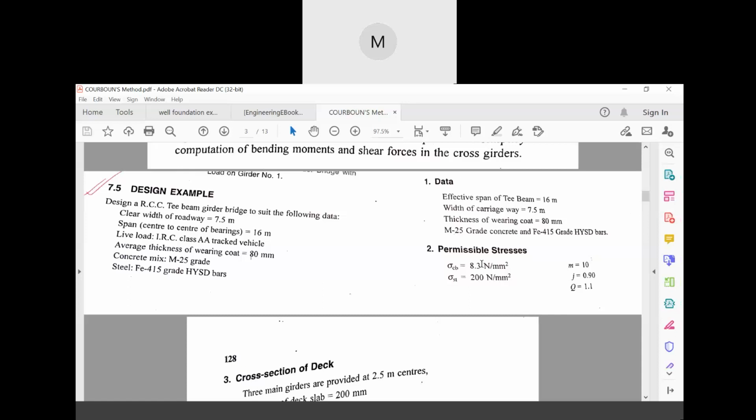The width of carriageway is 7.5 meter. Thickness of wearing coat is 80 mm, with M25 grade concrete and Fe 415 HYSD bars. And these permissible stress values are found from the previous numerical, where I gave one table. For M25, these are the standard values of permissible stresses.